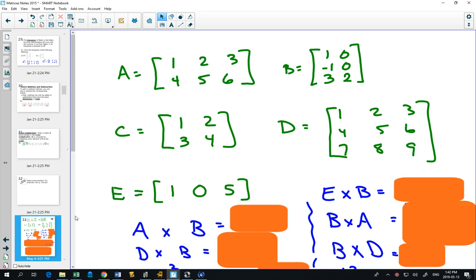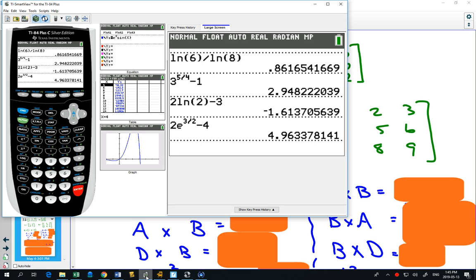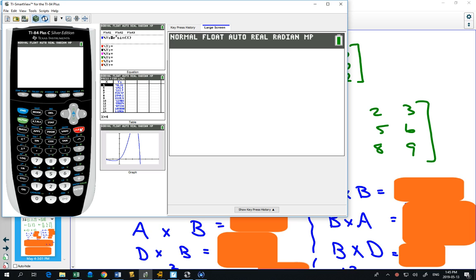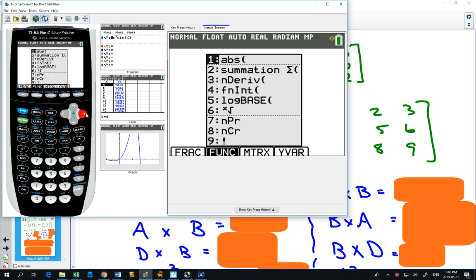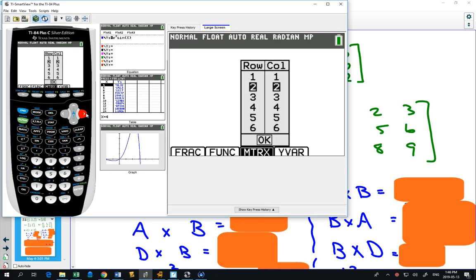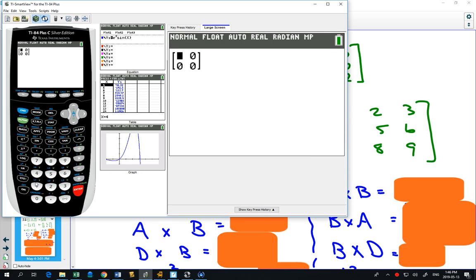So first of all, who doesn't have a calculator? I'll lend you one. Most of you have found a way to type in a matrix. There are 2 places where matrices come up on your calculator. 1, your alpha menu, if you go over to matrix, lets you type in a matrix: 1, 2, 3, 5.